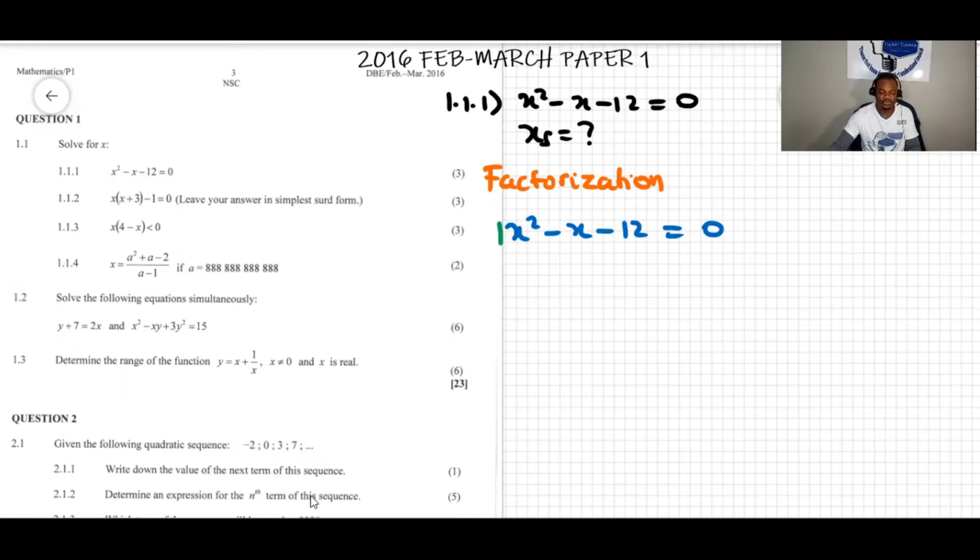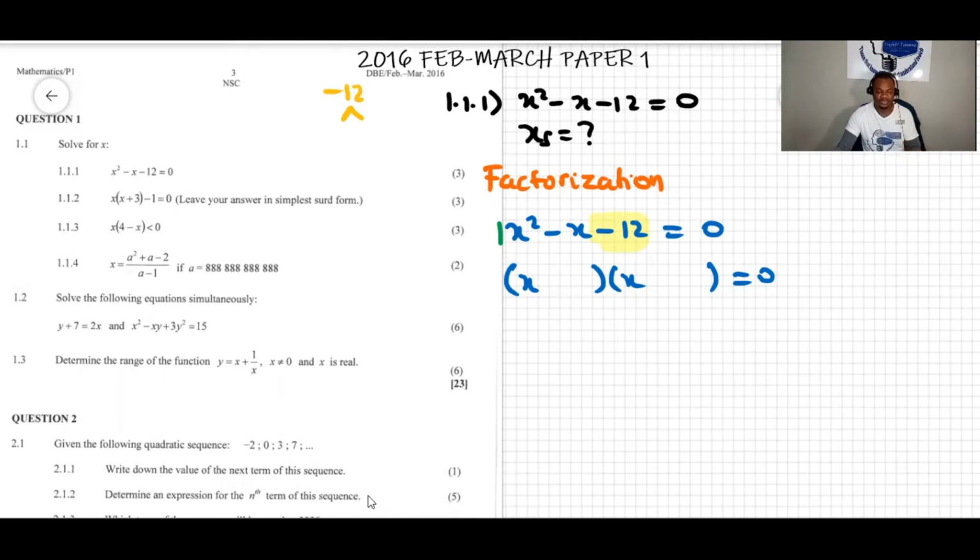Now, if the leading coefficient is 1, all you have to do is to put x in the brackets like this, okay, equal to 0. Now, you are going to consider the last term, the constant term, which is actually negative 12. Now, we're going to list all the factors of 12, okay?